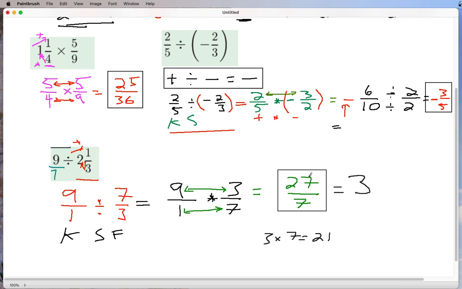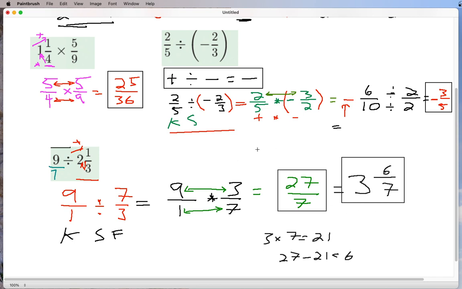And that means from 21 to 27, I'm 6 away from reaching my limit of 27. So if you go 27 minus 21, you'll realize quickly that you get 6. And that's the remainder. So I'm going to have 6 as my remainder. That's what we put on the top. And 7 we keep the same. So if you want to change it to a mixed number, there you go.